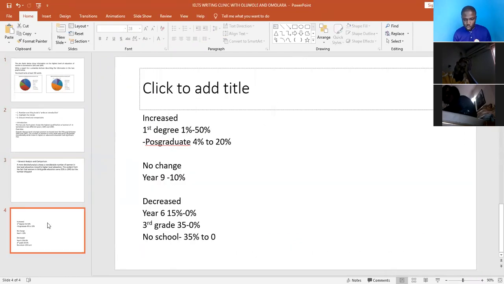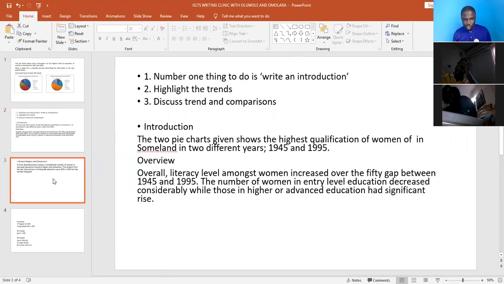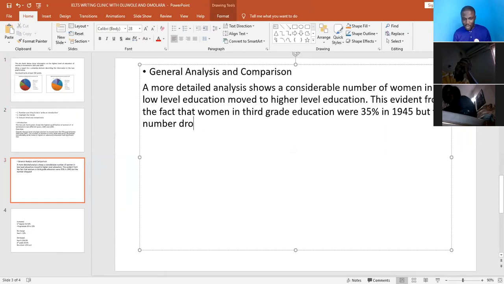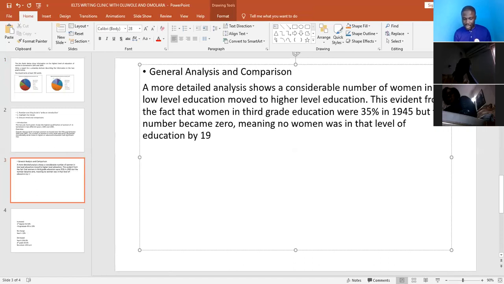What was the number? I want to quote it now. Third grade education. Okay, let me say, yes, dropped. I said dropped, but the number became 0, meaning no woman was in that level of education by 1995.